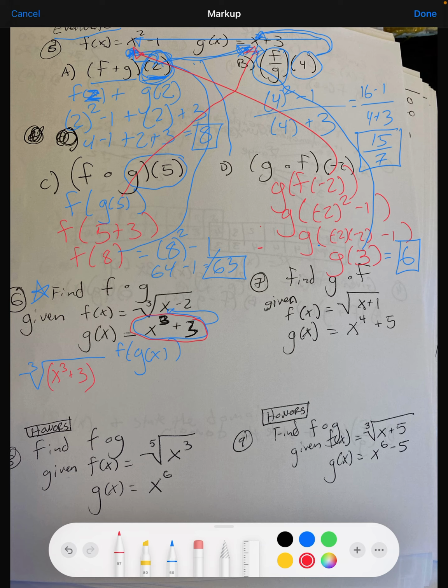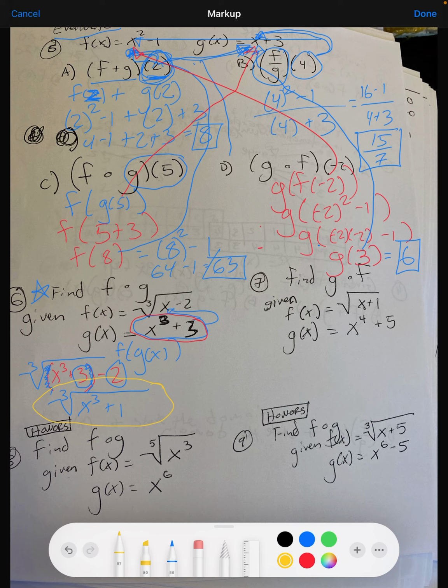And I always sub into parentheses, as should you, minus 2. Now, since there's no operations going on here, we can eliminate these parentheses. So we just have x cubed plus 3 minus 2. We can combine the 3 and the 2. Gives me x cubed plus 1. And you can't go any further. That's going to be our answer.